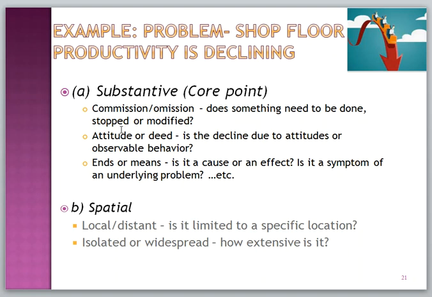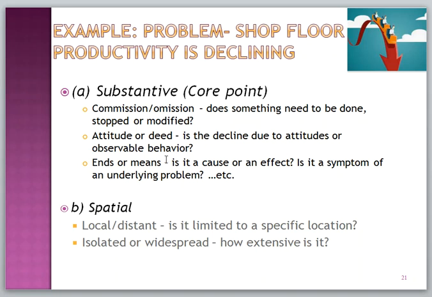We collect information on substantive, which is what the problem exactly is. So here we have some tips about collecting information about the what, or the substantive, the core point here. What things need to be done or need to be stopped or modified. So commission and omission are things you collect information about. What things need to be in, what things need to be out.